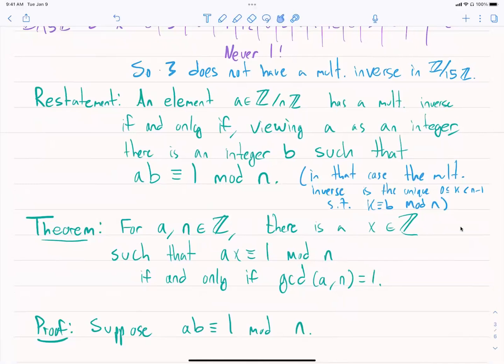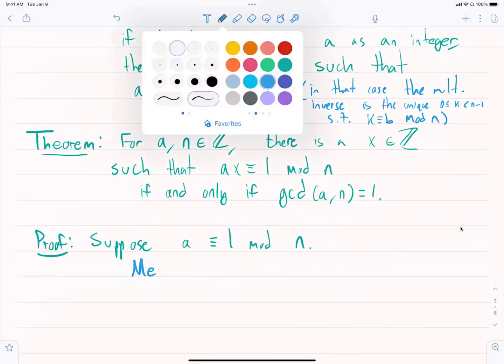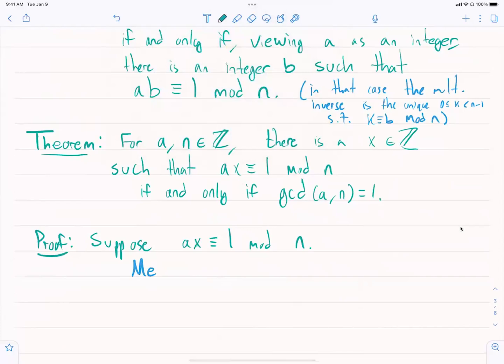Okay, so let's go ahead and prove that. First, let's suppose that AX is congruent to 1 mod N. So suppose there is such an X. If I unpack what AX congruent to 1 mod N means, we can rewrite this as AX is equal to 1 plus some multiple of N, which I'm going to write as N times y, for some y.